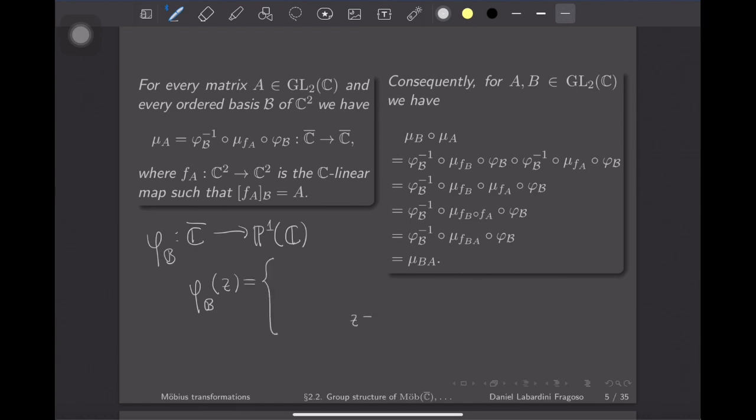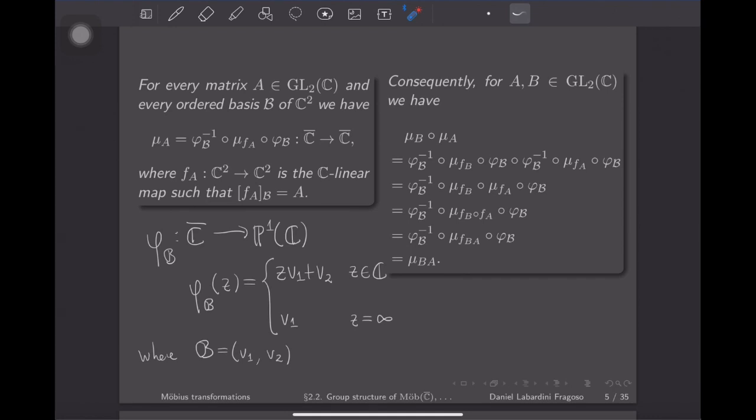This is when Z is equal to infinity, and this one was V1, where B is V1, V2, and the other one is Z V1 plus V2, for Z in C. So what I've been mentioning all throughout.